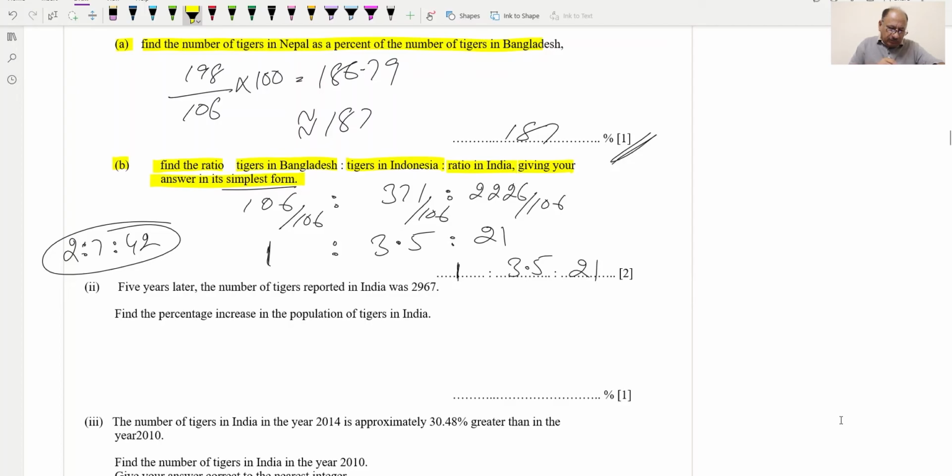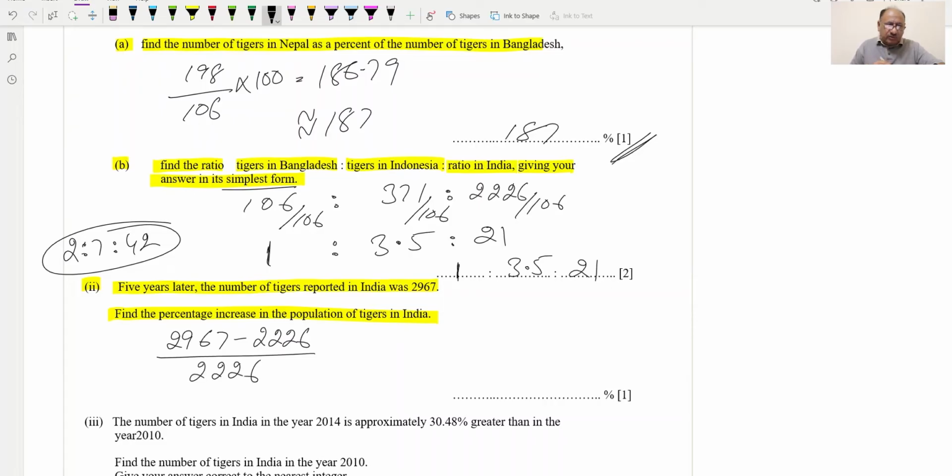Now for second part, 5 years later the number of tigers reported in India are 2967. So find the percentage increase in the population of the tigers in India. So what we will do, we will write the bigger number, 2967, minus the smaller number, which is the old value, 2226, divided by the original, which is 2226.